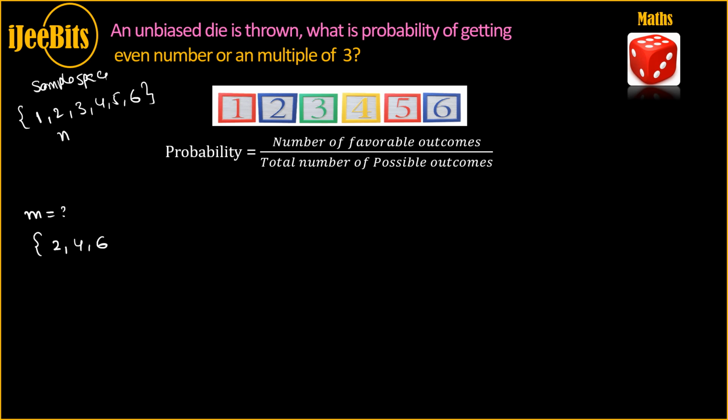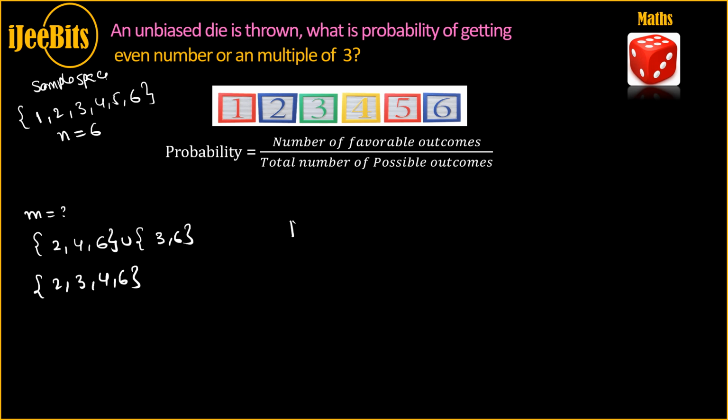So if this is your sample space, then n is equal to 6, which we know. Now the favorable outcomes are the even numbers, union multiples of 3. Multiples of 3 are 3 and 6. So the total is 2, 3, 4 and 6, which are your favorable outcomes.